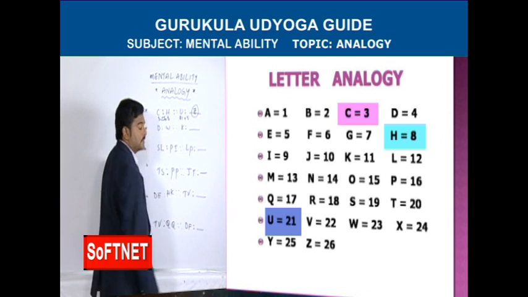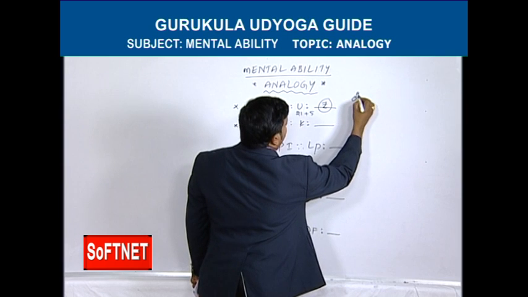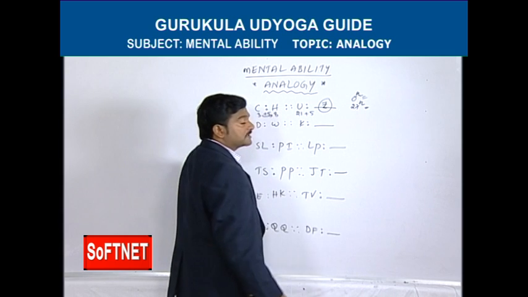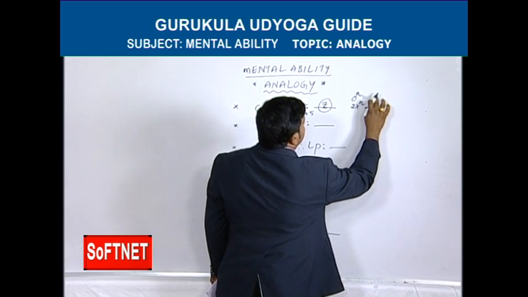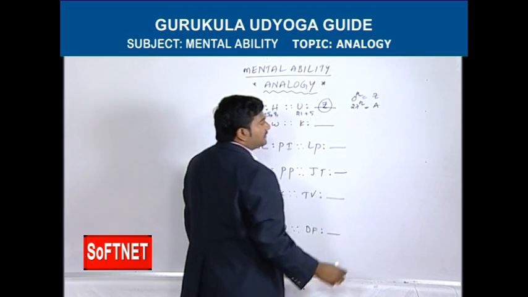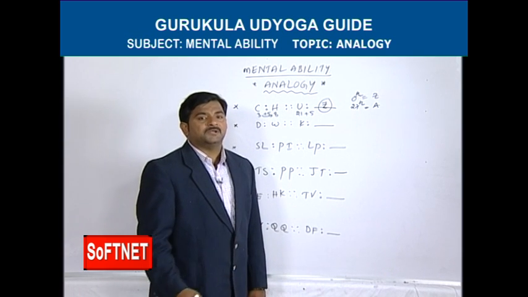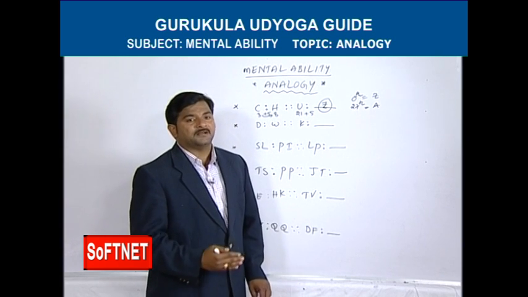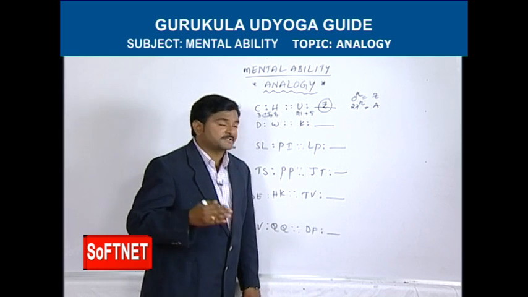26th alphabet is Z. Sometimes you may get 0, the 0th alphabet, sometimes the 27th alphabet. I already told you in letter series part, but still once again, the 0th alphabet in English alphabets we can take as Z. The 27th one we can take as A. Usually in English we have only 26 alphabets, whereas in our reasoning part we have infinite alphabets, because it keeps on going by taking sets, n number of sets.